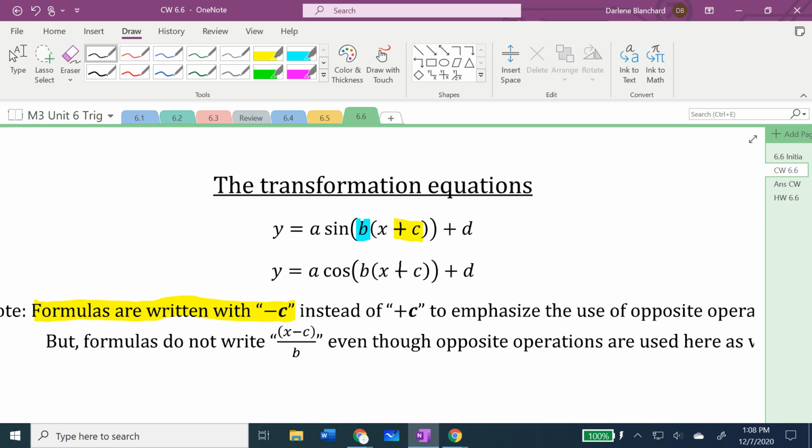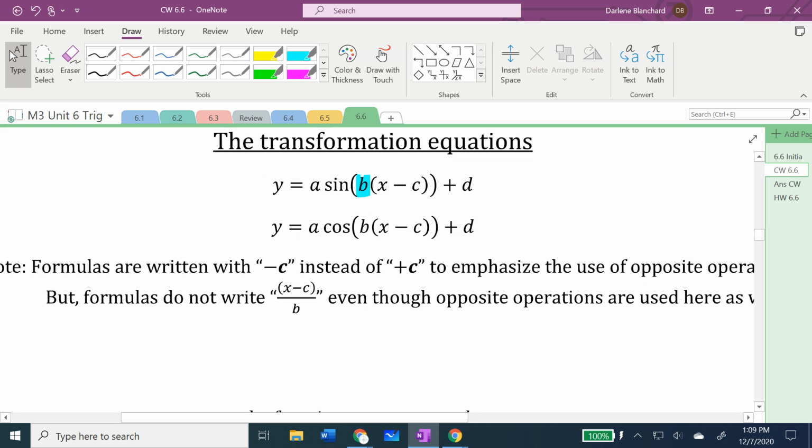You see plus, you're going to do minus. You see minus, you're going to do plus. You see multiply, you're going to divide. You see division, you're going to multiply. That is not the way the standard things are written, though, so that's how they write them. And I had to go through an entire explanation of why they have a minus c, but they didn't do a divided by b.